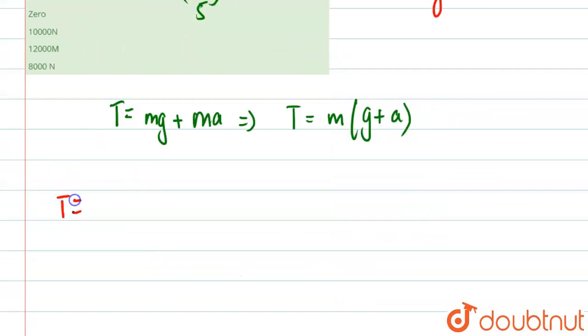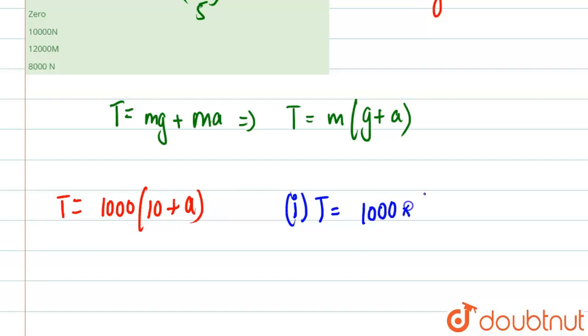So tension will be equal to 1000, g is 10, plus a. For case 1, tension will be equal to 1000 into (10 plus 5), which is 1000 into 15, which is 15,000.